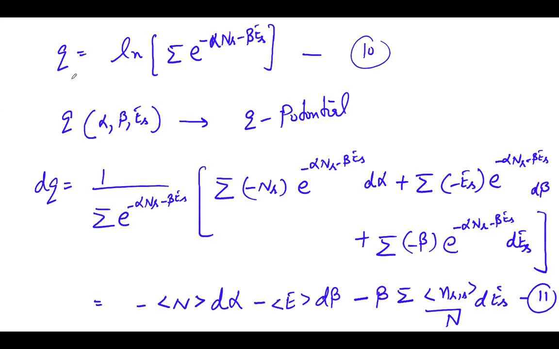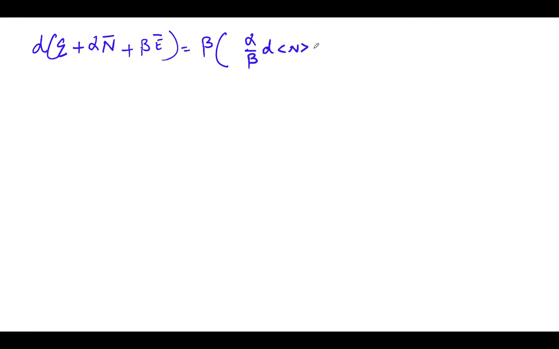If we move the n and e parameters to the left hand side, our equation becomes dq plus alpha into n bar plus beta into e bar equals beta into the sum of d n plus the expectation value of d e minus 1 over n times the summation of nrs into d es. This is the equation we get.